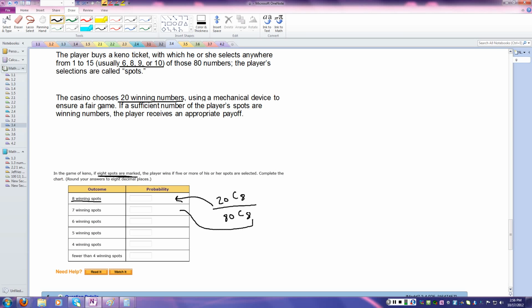For 7 winning spots, you're going to have to do a little bit more calculation. Out of the 20 winning numbers, you are going to pick 7 of them, times 60 of the non-winning numbers, because one of them is going to lose, over 80 choose 20. Sorry, that's something I didn't do right.